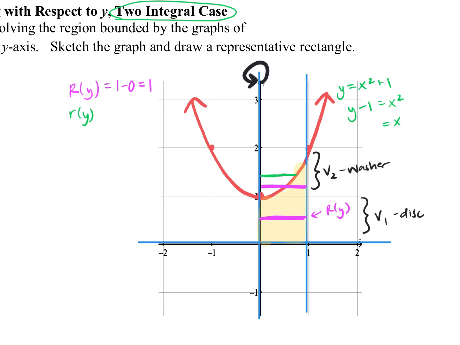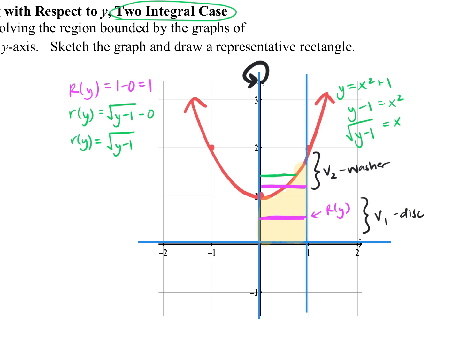So then x is going to equal the square root of y minus 1. And technically, yes, it's plus or minus, but I only care about the right-hand side, so I don't need the negative in there, okay? So for your little r of y formula, that's going to be the square root of y minus 1. And then we're going to the line x equals 0, so it's minus 0. So your little r of y is just the square root of y minus 1.